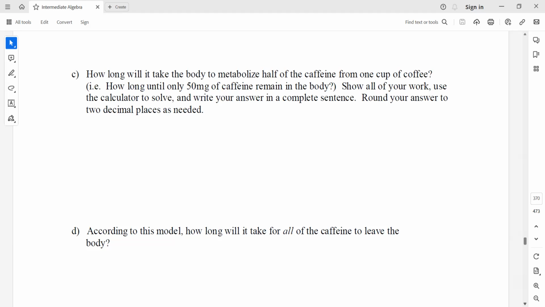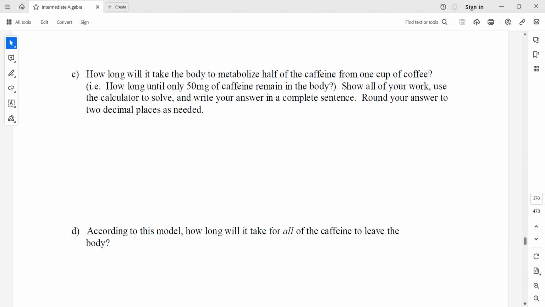Okay, C says, how long will it take the body to metabolize half of the caffeine from 1 cup of coffee? So here we are looking at 1 cup of coffee, right? And we are looking at a metabolism of half of the caffeine, right? So how long will it take? 50 mg, right?